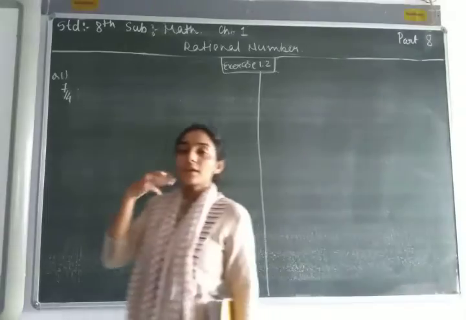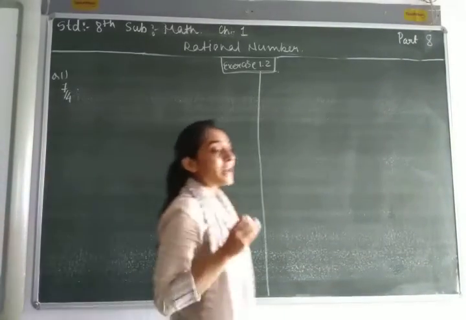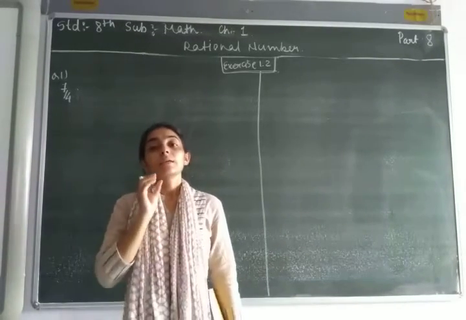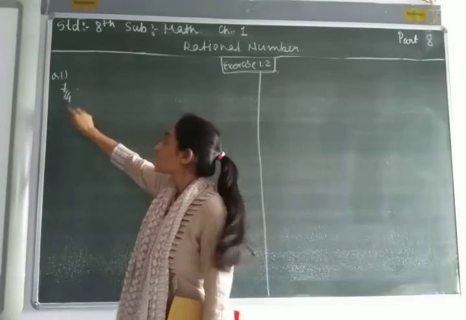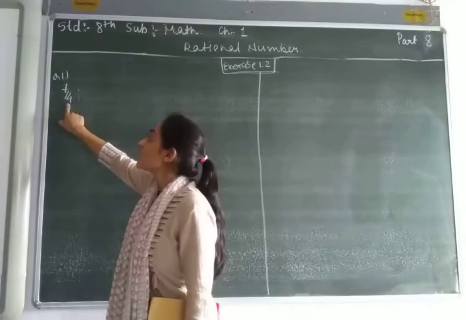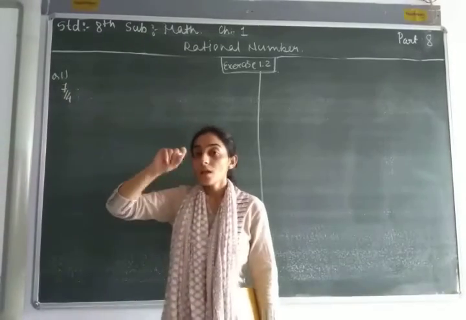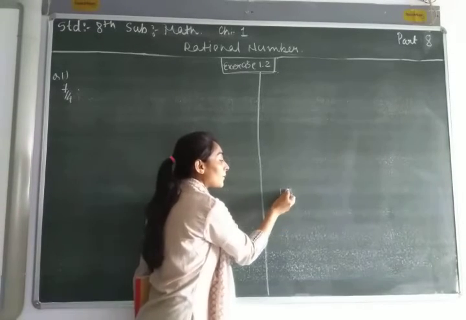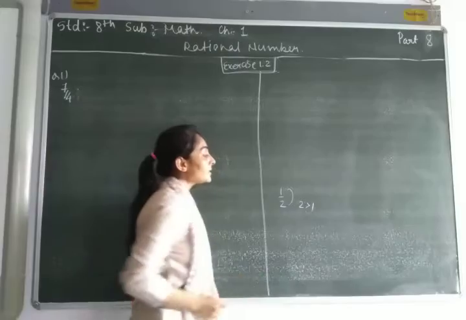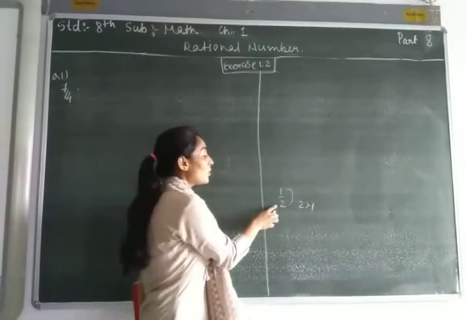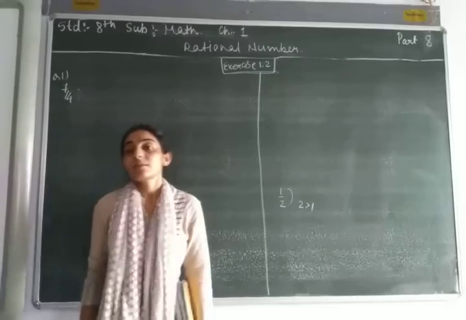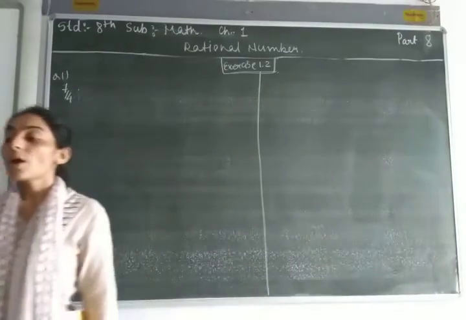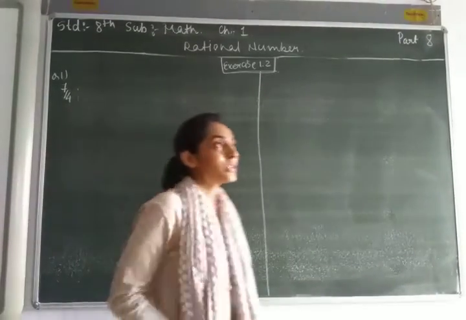Now, let's recall some fraction property. If my denominator is greater than the numerator, here 2 is greater than 1, then the answer always lies between 0 and 1.